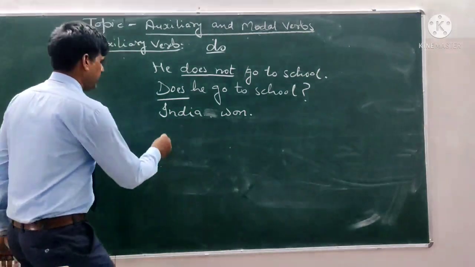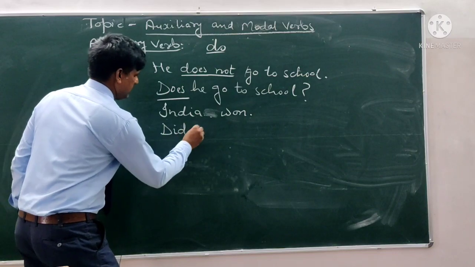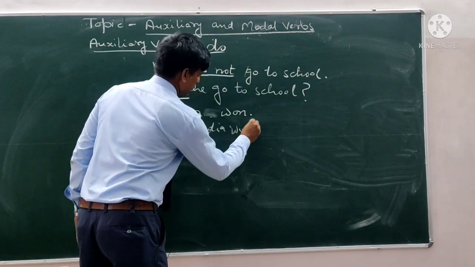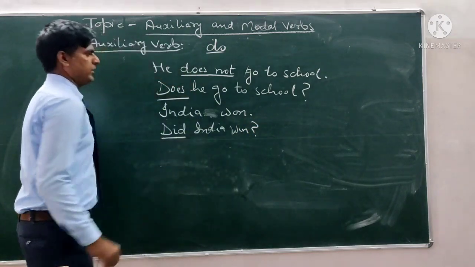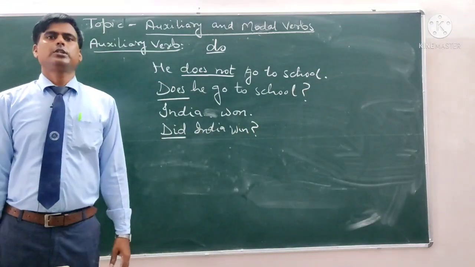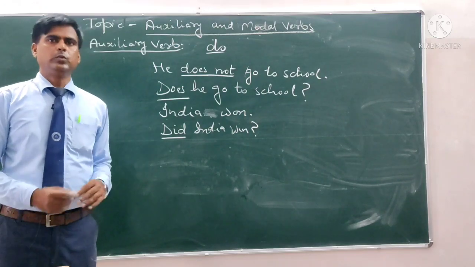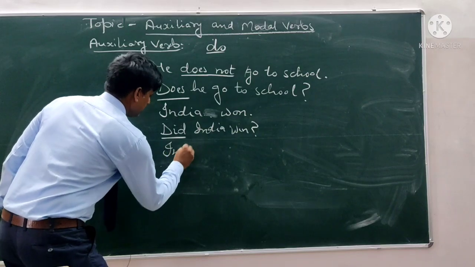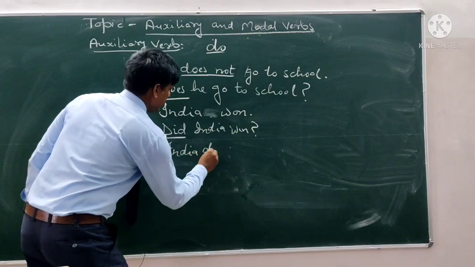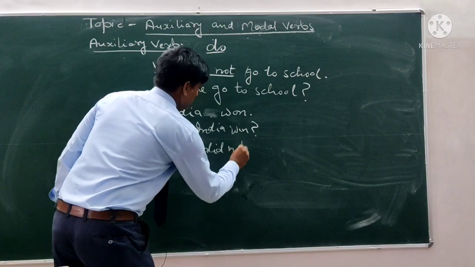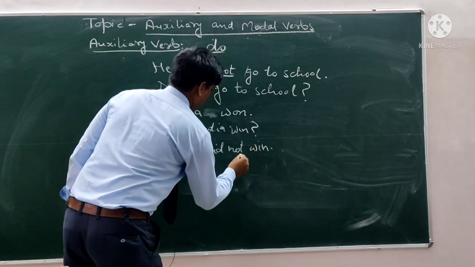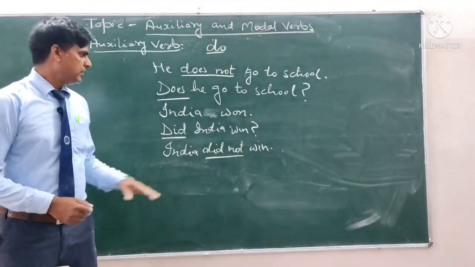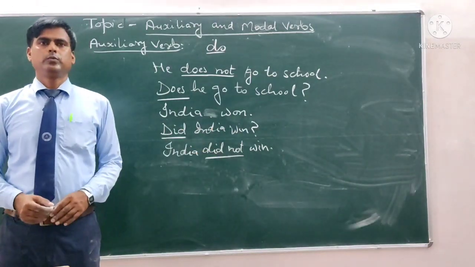For example, did India win? This is an interrogative sentence. That's why we use auxiliary verb do. India did not win. If we use the negative, then also we use auxiliary verb do.